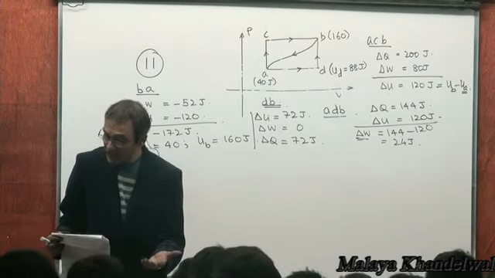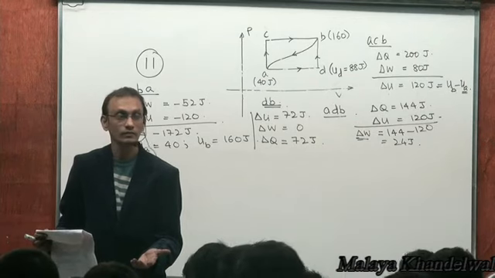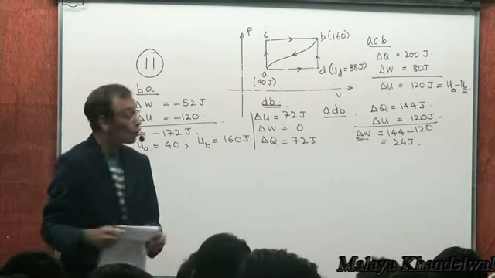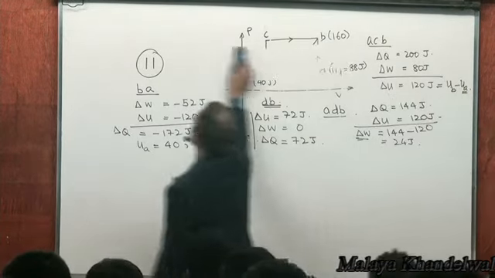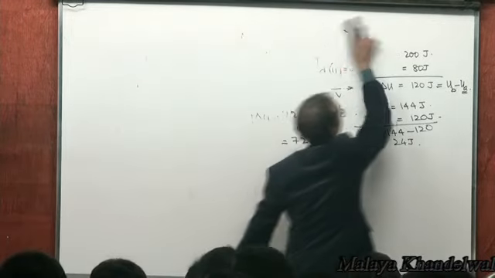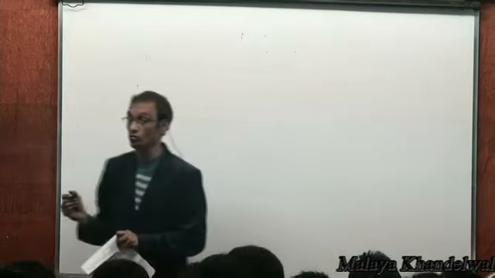The net heat given to the system in the process must be? No. Because see, I could have had a cyclic process. We are talking of the same initial pressure, same final pressure, but work done need not be zero. Change in internal energy will be zero.